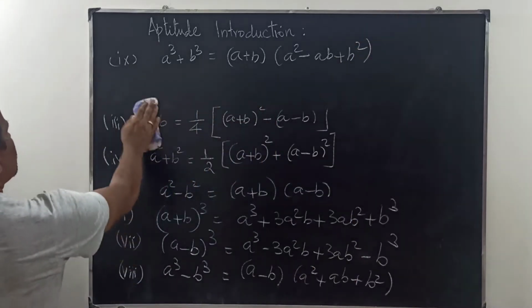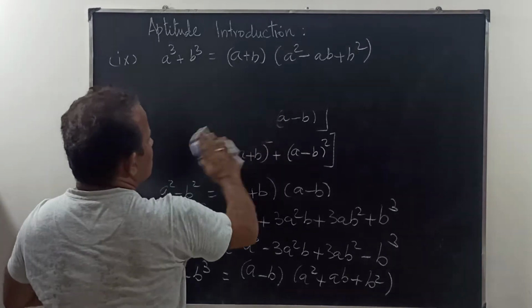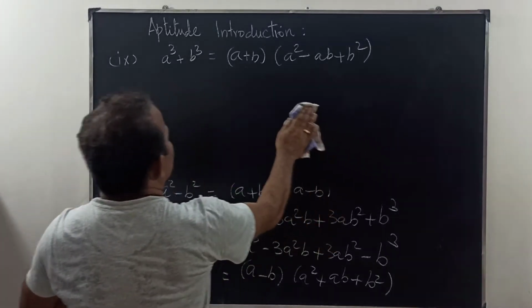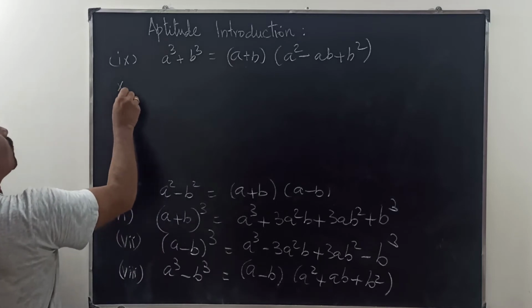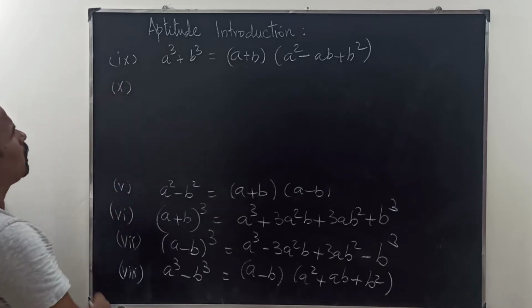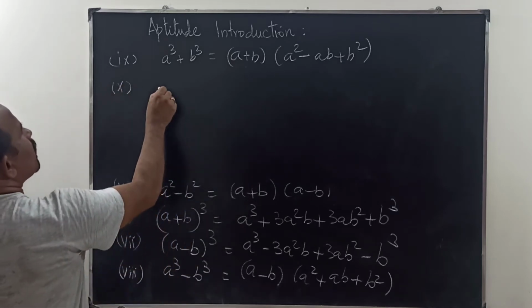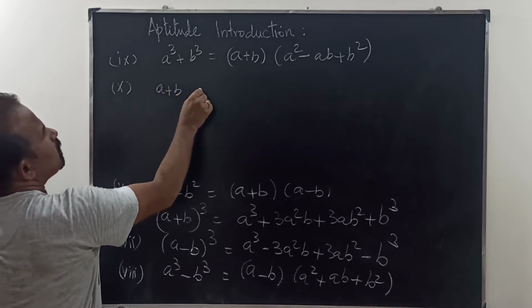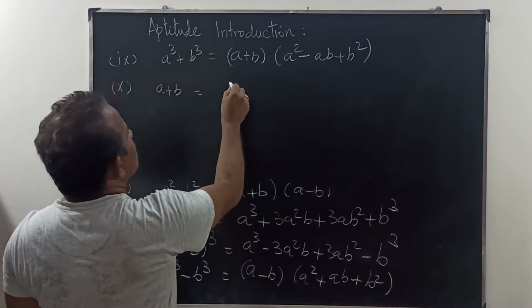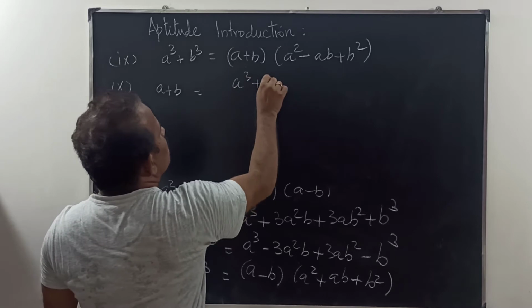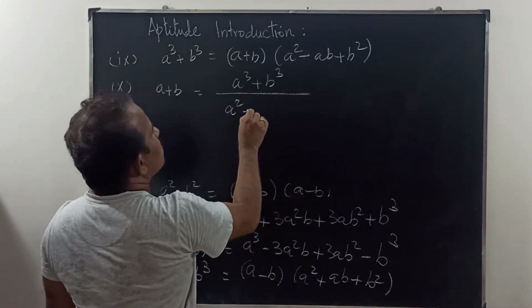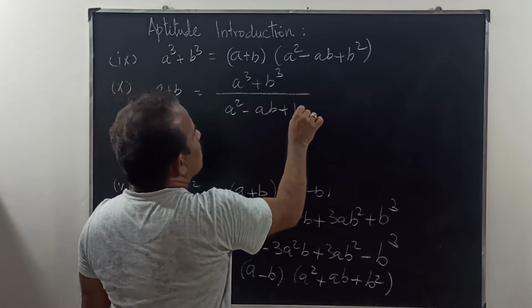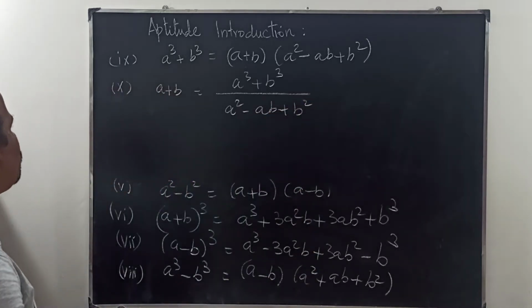Okay. Then the tenth one is a plus b is equal to (a cube plus b cube) divided by (a square minus ab plus b square).